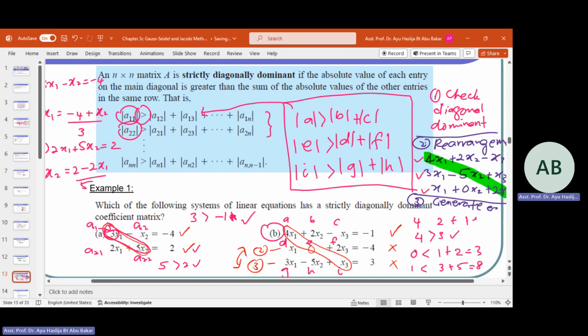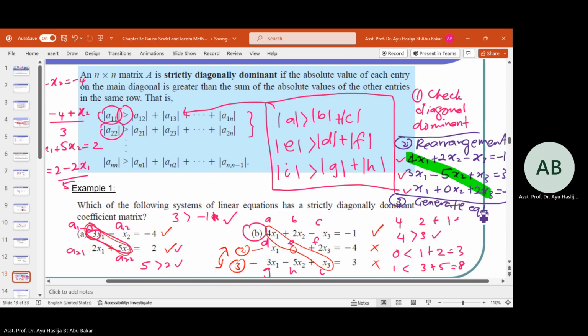Generate equation of x1, x2, x3. Okay, this one I explain in general first. Later we go for the detailed explanation.